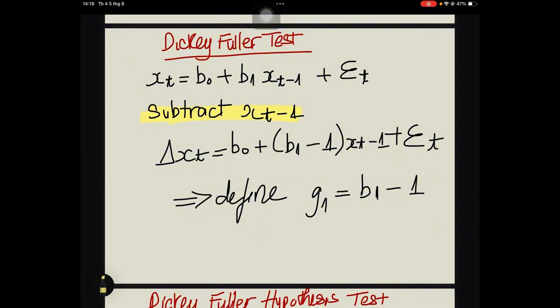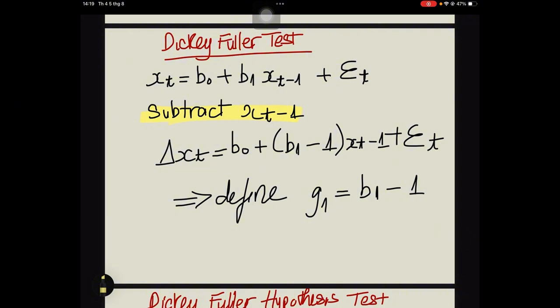The Dickey-Fuller test begins with the AR(1) model: x_t equals b_0 plus b_1 x_(t-1) plus epsilon_t. Then we subtract x_(t-1) from both sides. The equation becomes x_t minus x_(t-1) equals b_0 plus (b_1 minus 1) x_(t-1) plus epsilon_t. Now we define g_1 equal to b_1 minus 1.